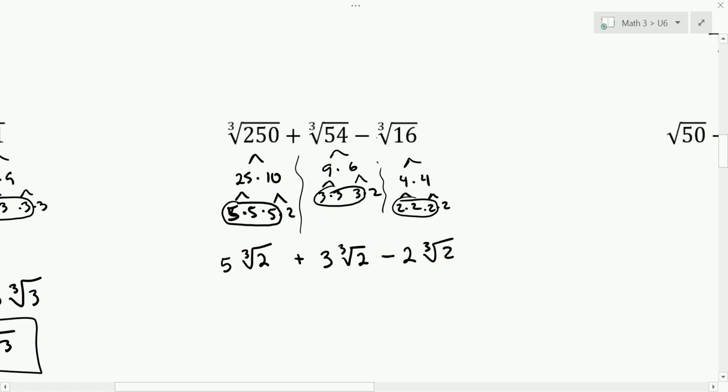And originally it was a subtraction problem here. So all 3 of the cube roots now match. And so we can just add and subtract the coefficients. So 5 plus 3 is 8. 8 minus 2 is 6. And so we end up with 6 cube root 2. Okay.